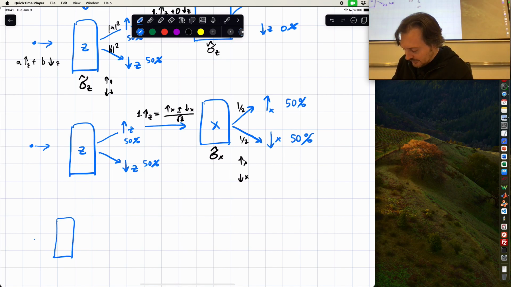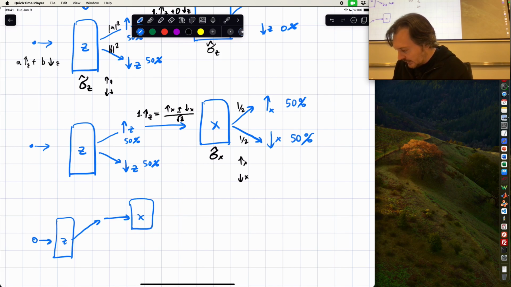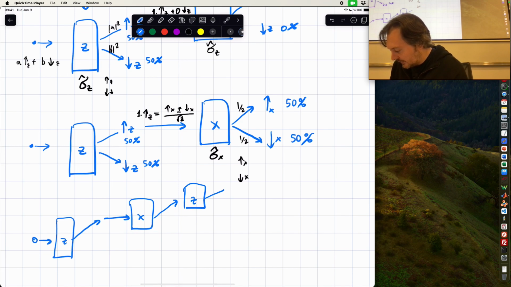So you started here, you came to z measurement, you went up, and you took this one, you made x measurement, and you took, let's say, this one, you did z measurement, and still you are going to get 50-50. 50%, 50%.